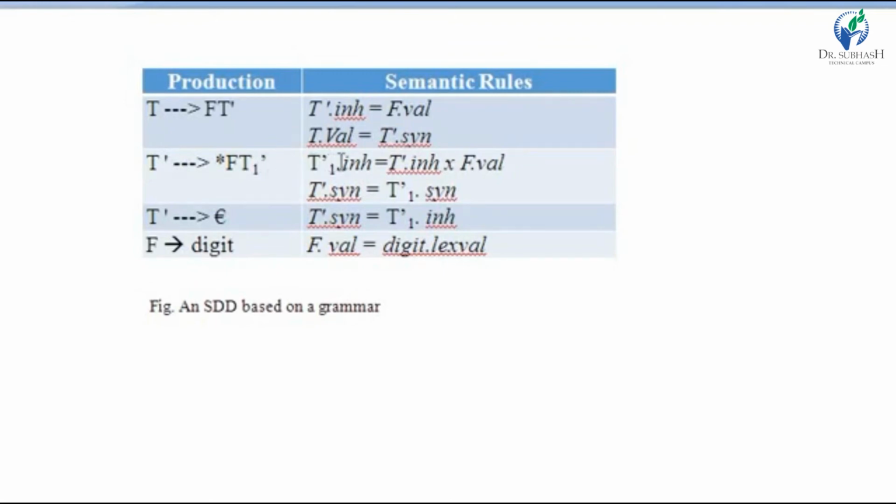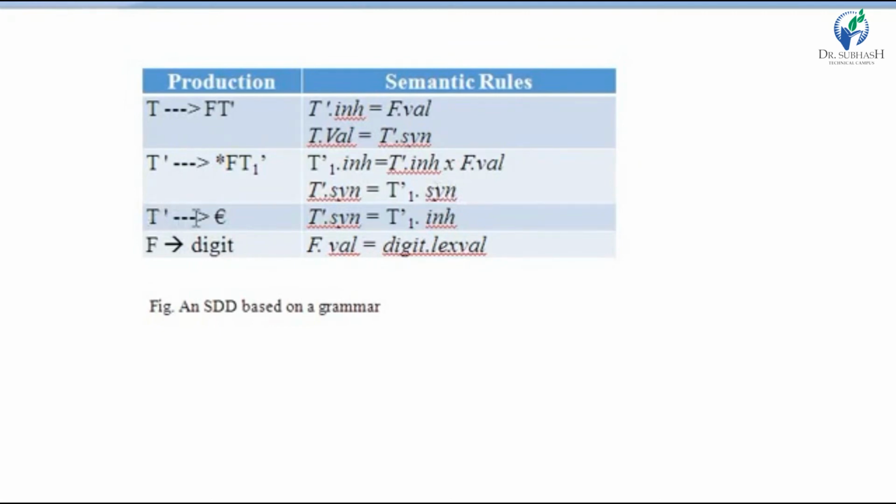So T1'.inherited attribute is equal to T'.inherited attribute into F.value, and T'.synthesized attribute is equal to T1'.synthesized attribute. If values are calculated from its children, then it is a synthesized attribute, or if values are calculated from its siblings or its parent, then it's an inherited attribute.